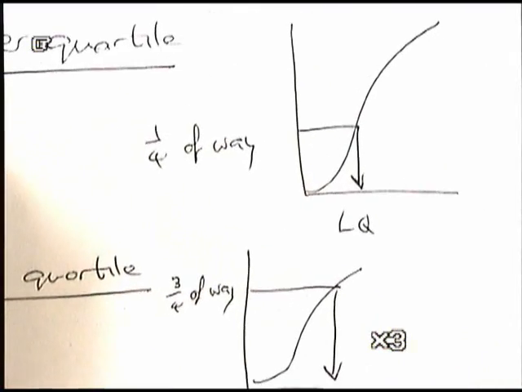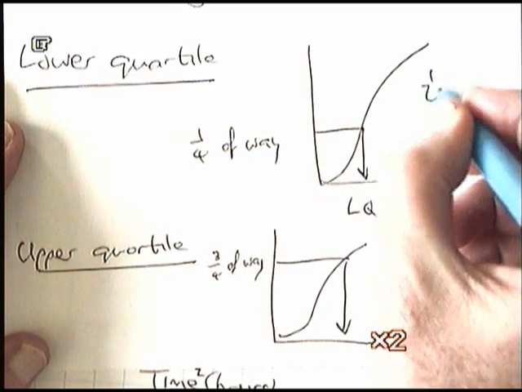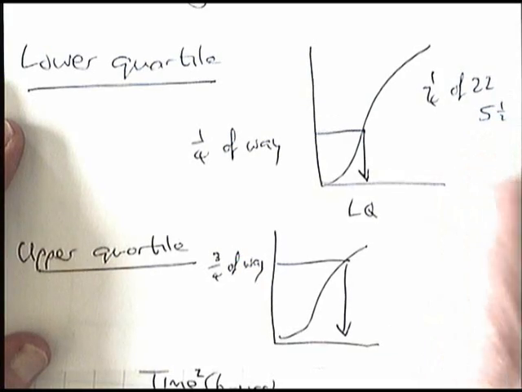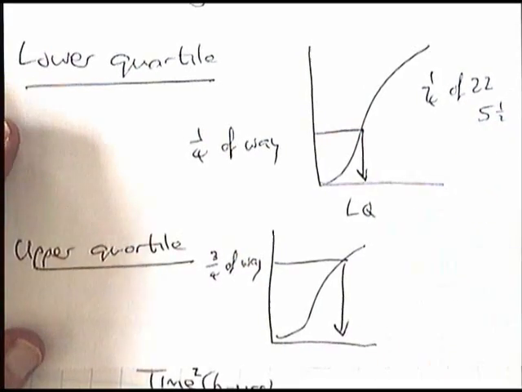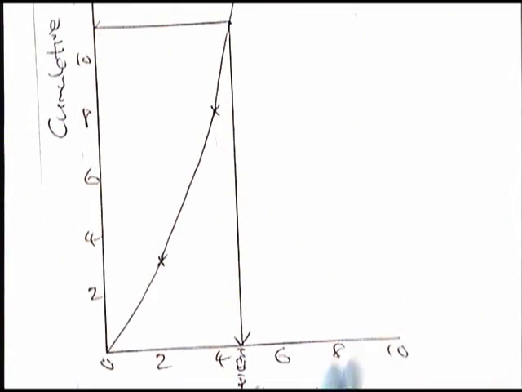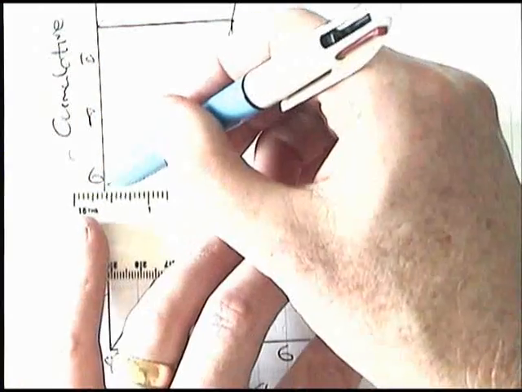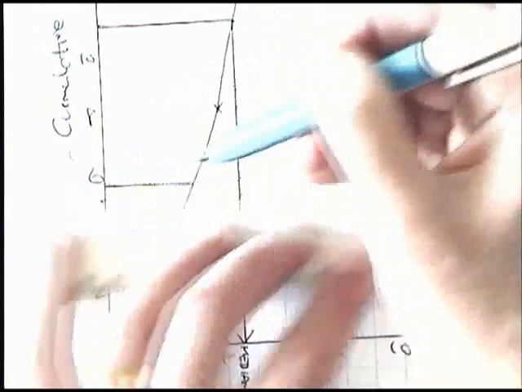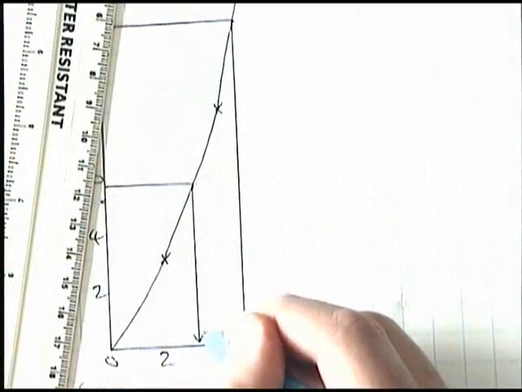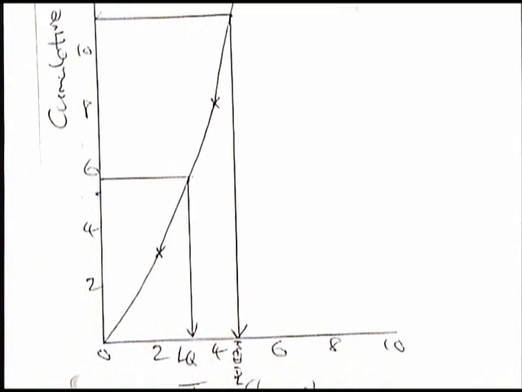So for the example we're doing, for the lower quartile, we need to do a quarter of 22. A quarter of 22 is 5.5. So we're going to go along from 5.5. So if you come back to your graph, 5 will be here, 5.5 will be here. Come along and then go down, and that will be the lower quartile. On my graph, that's about 3.